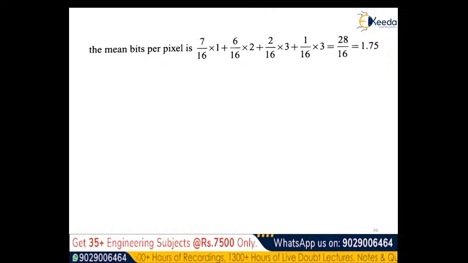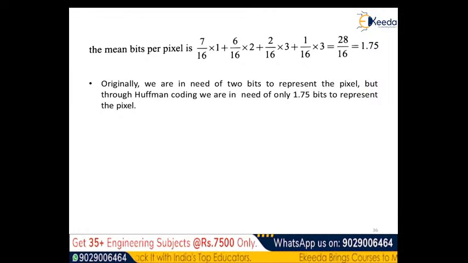As per the problem statement, you recall that we have been asked to use 2 bits for the representation of the pixel value, and originally we need 2 bits to represent it, but through the Huffman coding we need only 1.75 bits to represent the pixel, which you can tally from the above step.